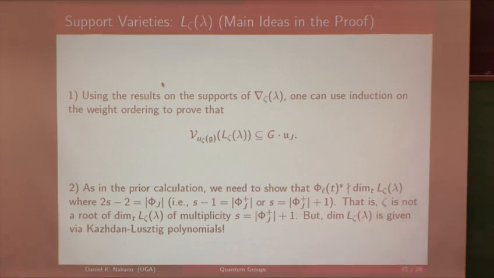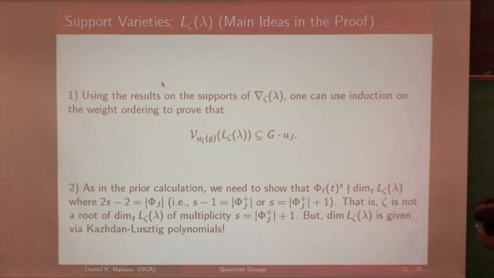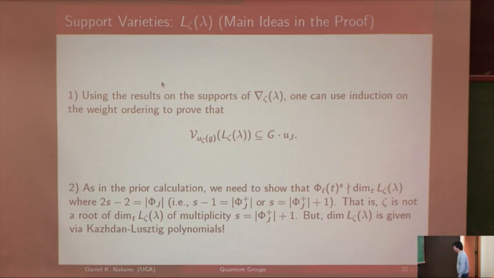Now, it's not so easy, right? Because I don't have a nice formula where I'm expressing this dimension in terms of a quotient, and this is given in terms of Cauchy-Lusztig polynomials. Okay, so I'll ask you a question. Whenever you want to show that a certain value or root has a certain multiplicity, what should you do?